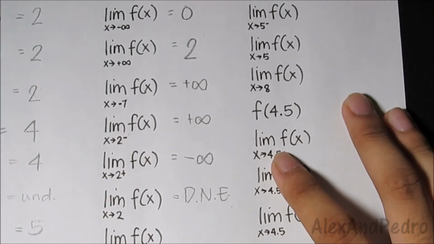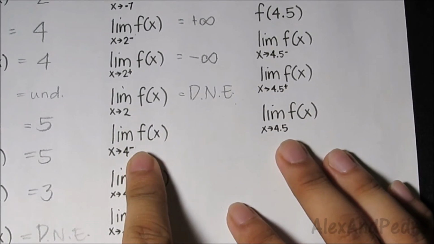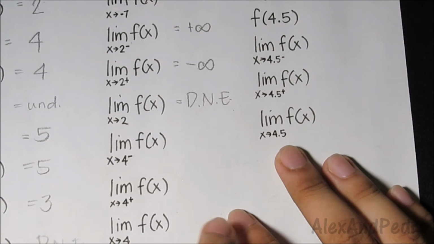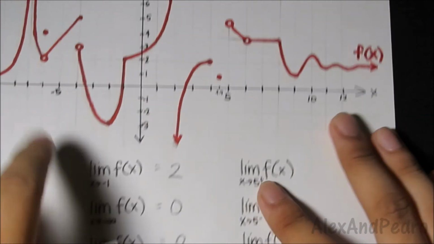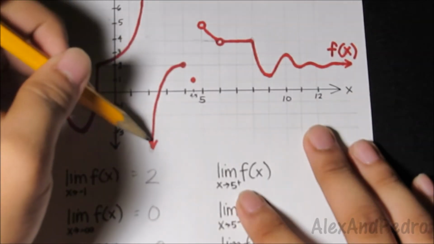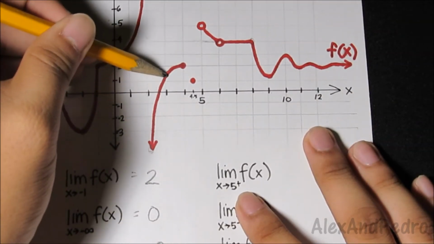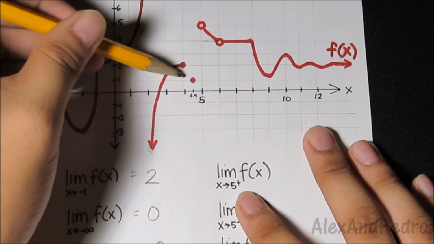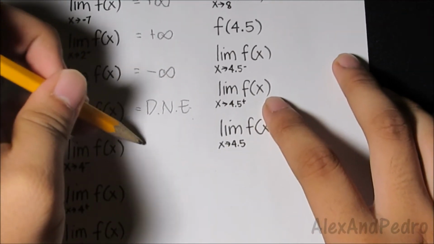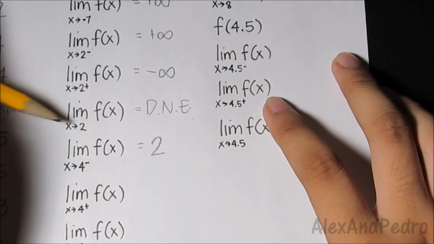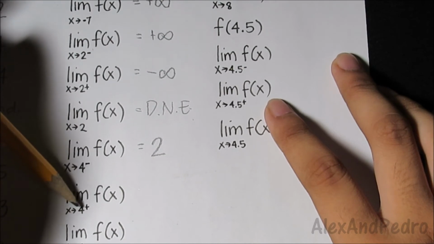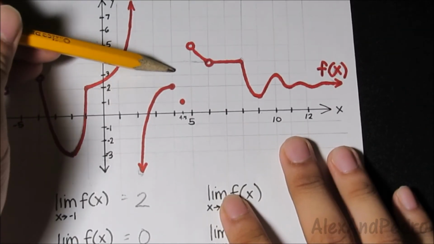Okay, let's look at this next problem. The limit of f of x as x approaches 4 from the left. Where's 4? Oh, there you go. 4 is here. From the left, let's see. It goes to 2. So the limit here is 2. Now the limit of f of x as x approaches 4 from the right, let's see. Wait a minute.